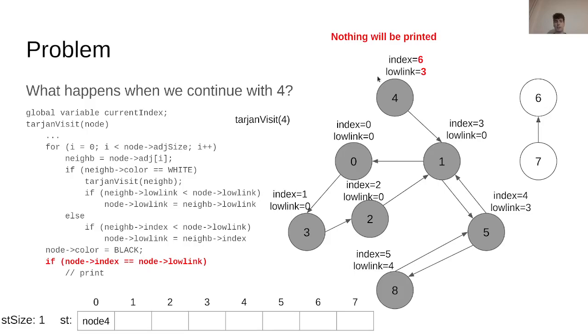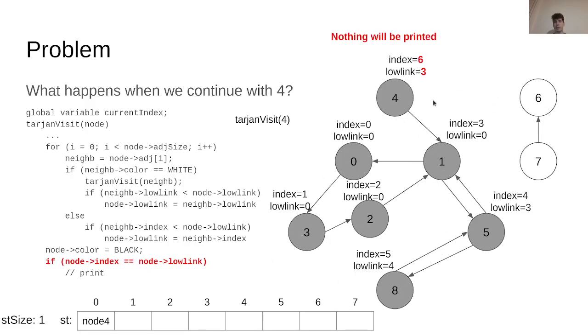But the issue is, if we do this, nothing will be printed, because this is not a component, it has index different from the lowlink. So here the issue was that we saw the neighbor 1 with a better index, but neighbor 1 was in another component.